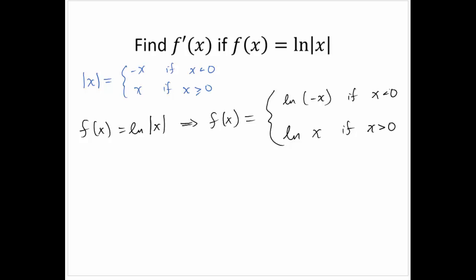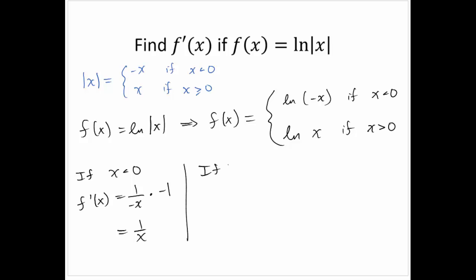Now we want to calculate the derivative. If x is less than 0, then f prime of x would be 1 over negative x times negative 1, which is 1 over x.